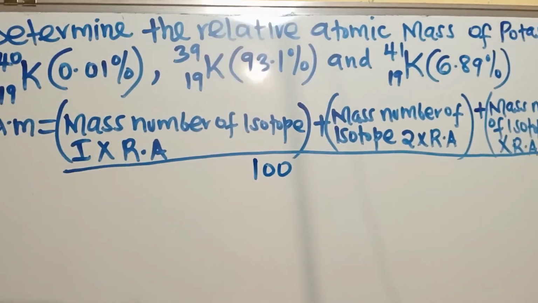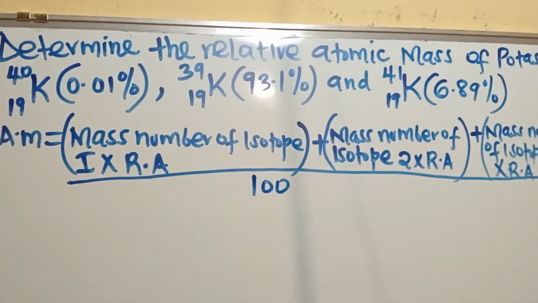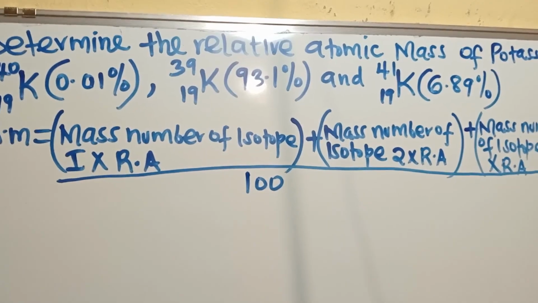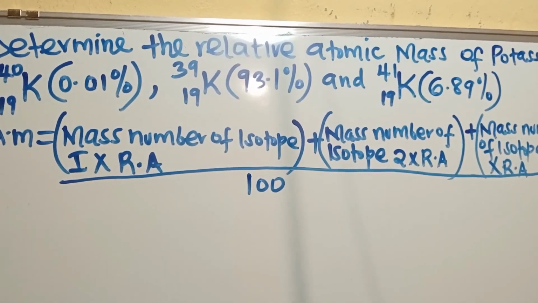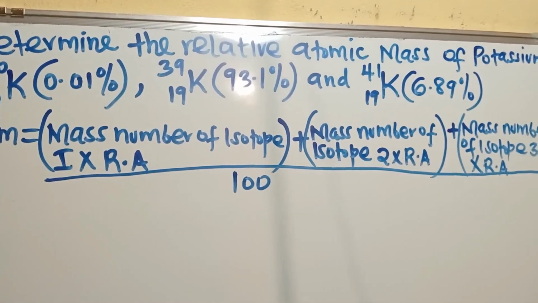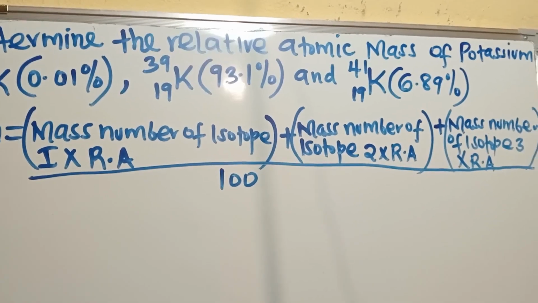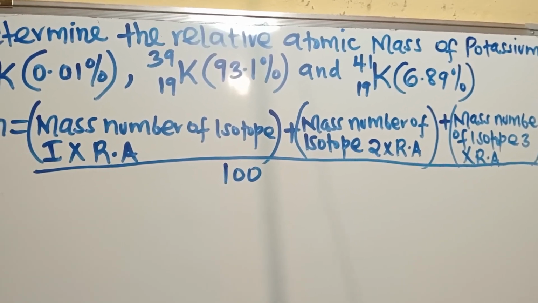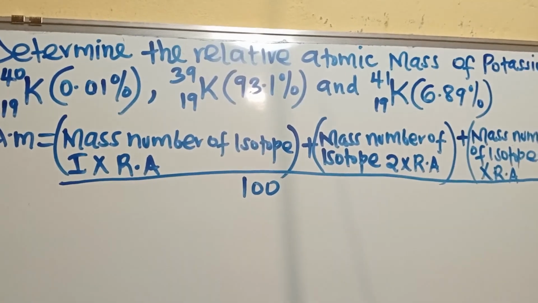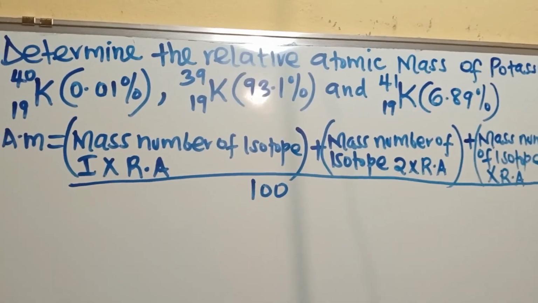So even in other questions, if you get the isotopes being more than 2, maybe 3, maybe 4, like in this case, if we had another 4th potassium, we could still go to the mass number of isotope 4. So you go to the extent depending on the number of atoms that are provided.